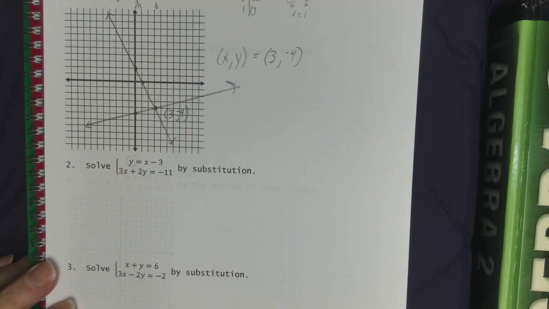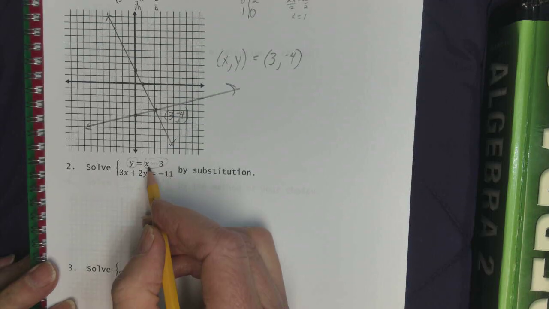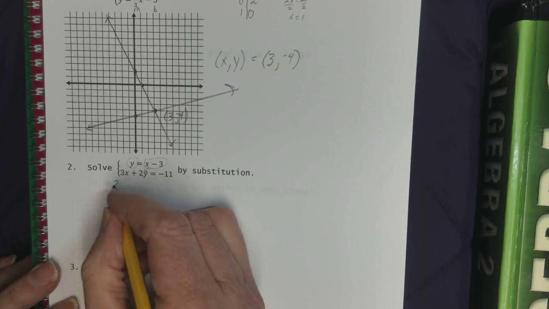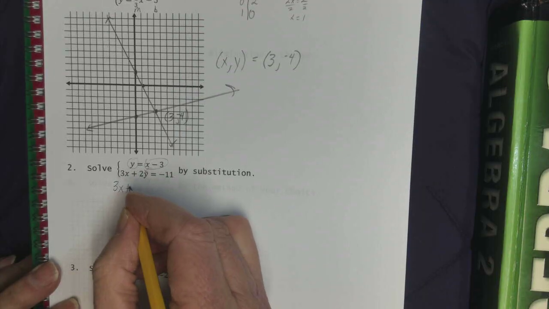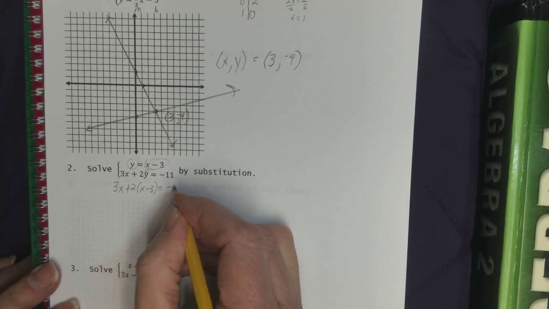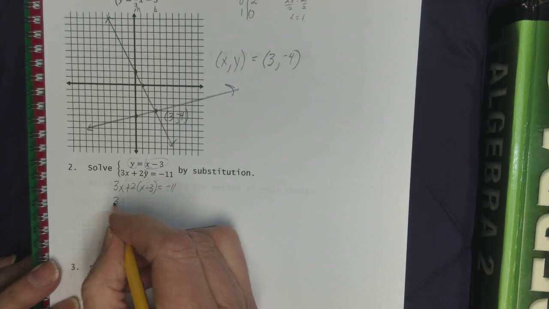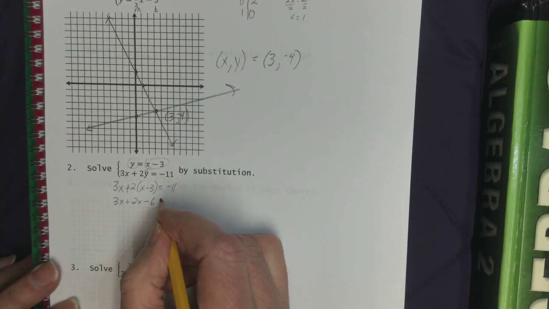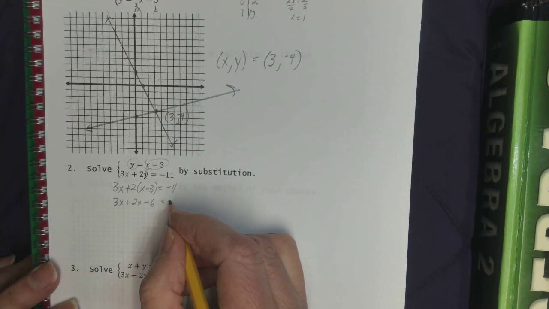Now this one says solve this system using substitution. Y is by itself here, so I'm going to take the x minus 3 and put it where this y is. 3x plus 2 times x minus 3 equals -11. That's 3x plus 2x minus 6 equals -11.